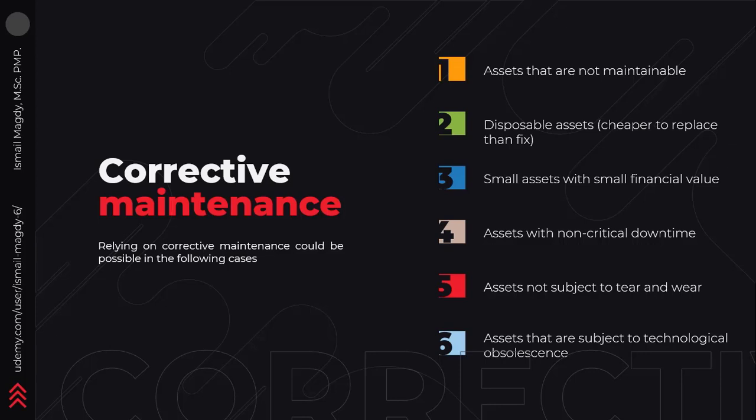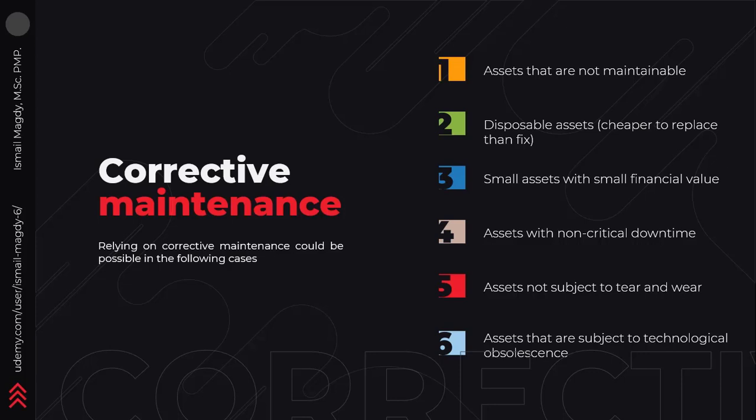For example, having a time-based maintenance and a condition-based maintenance on an asset such as a cell phone or a laptop would be a waste of money, because it is expected that those items will be outdated in a very short term, and we will be forced to replace them with newer models anyway.